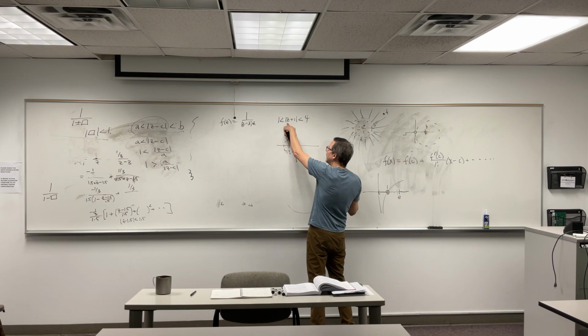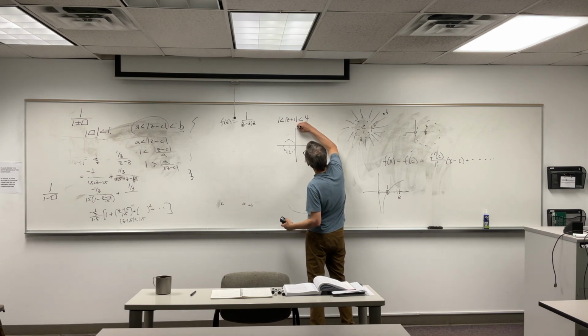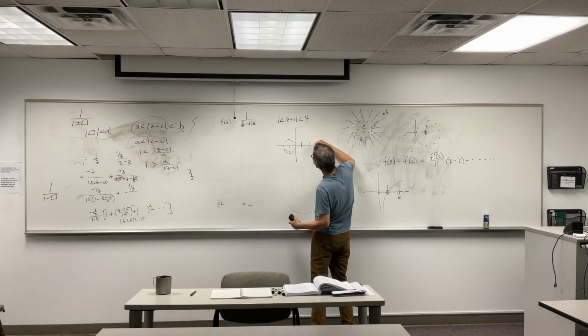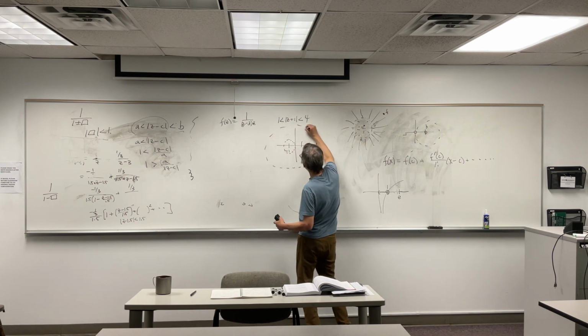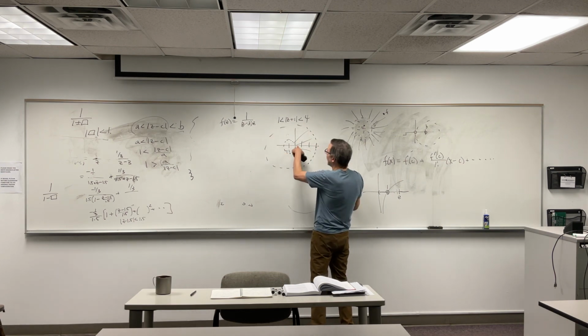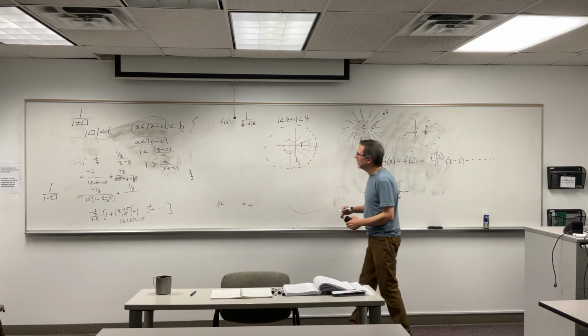So z can't be 0, because then we have to be a little bit bigger than 1. It's got a big hole in the middle, and then it's got an outside one, and this one goes up to the edge of the 3. And it's everything in between. So this cuts out the 0 here, and this cuts out the 3.